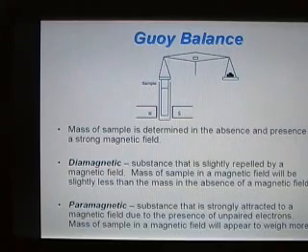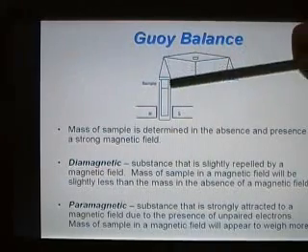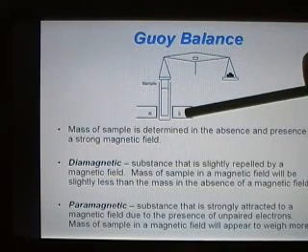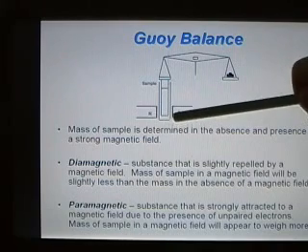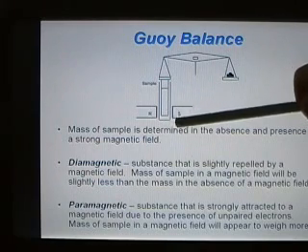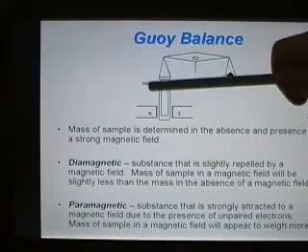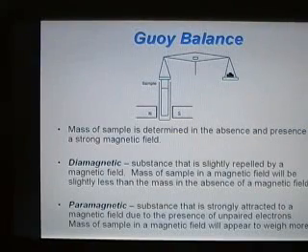The other case that can happen with a Gouy balance is that the substance can be attracted to the magnetic field, so it would be pulled down more by turning on the magnet, making the sample side appear heavier.